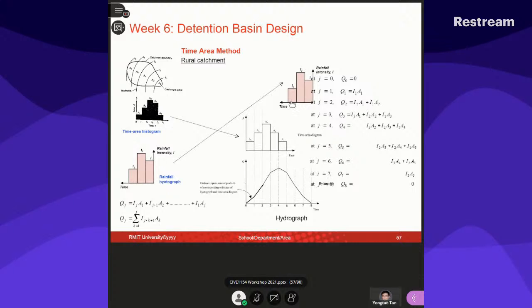It means there's no rainfall on the whole catchment. The rainfall has already moved to another catchment area because it's only a 30 minute rainfall.